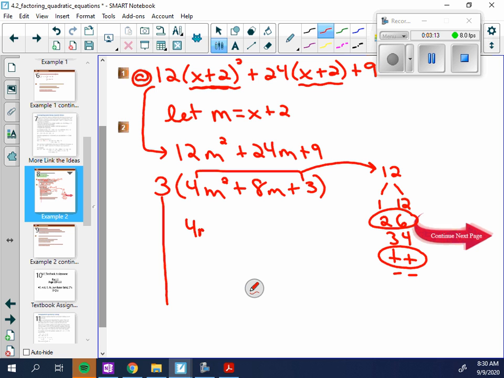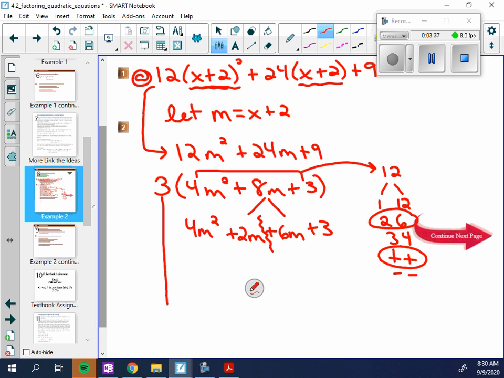So I will keep my 4m squared the same, but this 8m I'm going to split up into a plus 2m and a plus 6m. The order that you write those in shouldn't matter, so if you wrote them in backwards, that's okay. And then plus a 3, that one also stays the same. Okay, I split them down the middle, and the sign in the middle goes with the second set of terms.